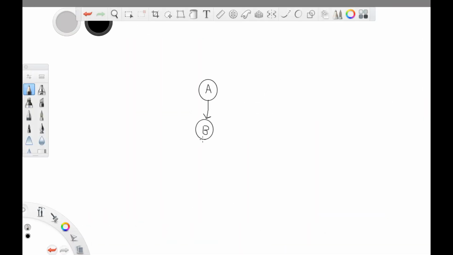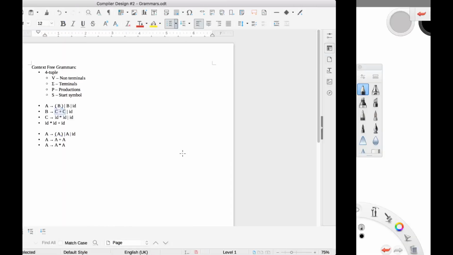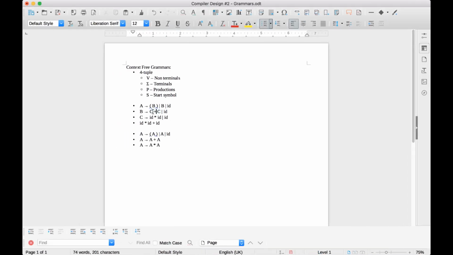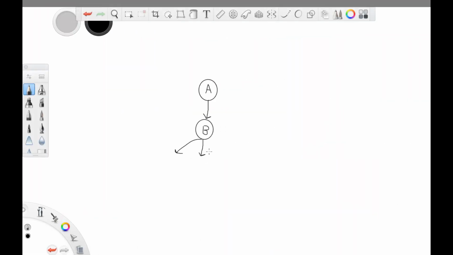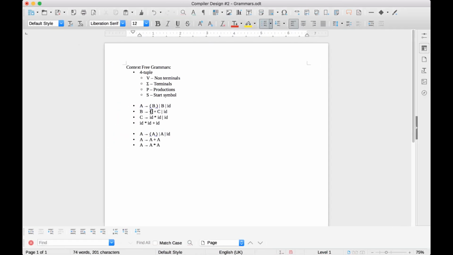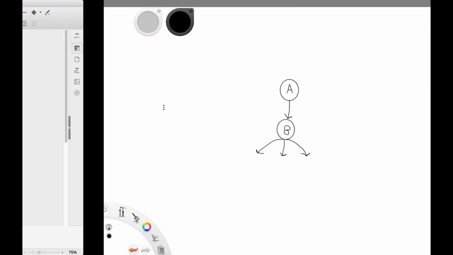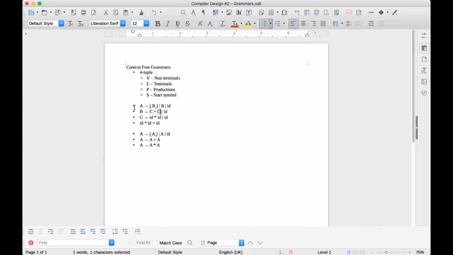So what we can do for this is to have three arrows pointing out, because this production has two non-terminals and a terminal, so it's going to open up into three different symbols, effectively. And we can make our first arrow C, the second one plus, and the third one C, because we want it to be in the same order that this production opens up in.